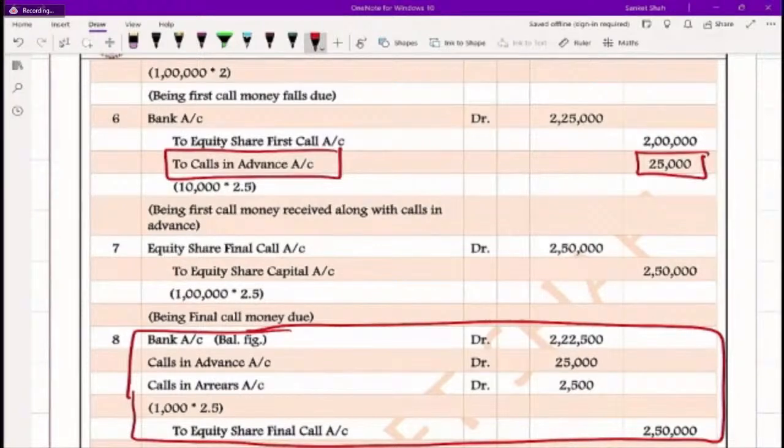So bank account debit, calls in advance account debit, calls in arrears account debit to equity share final call. Okay. You took the screenshot, beta.